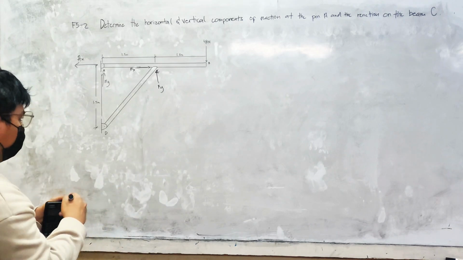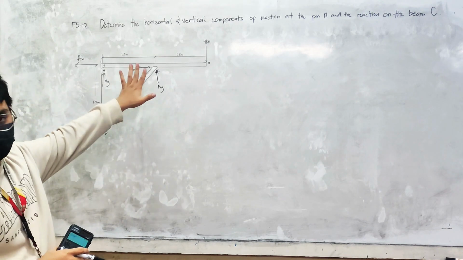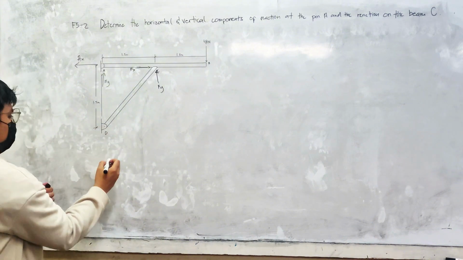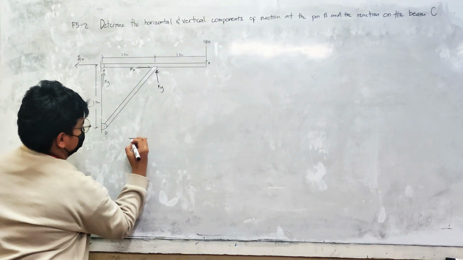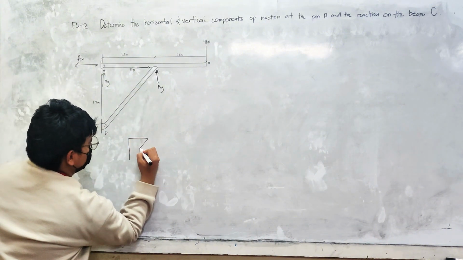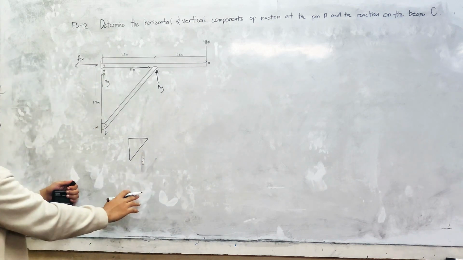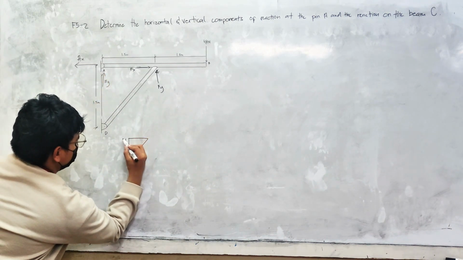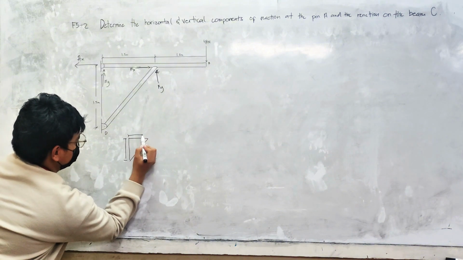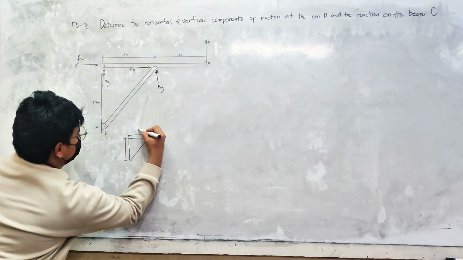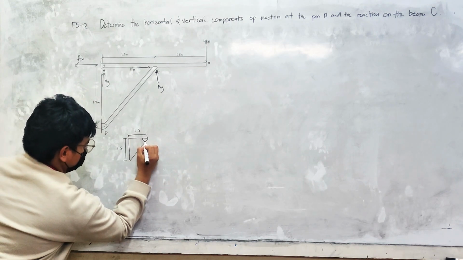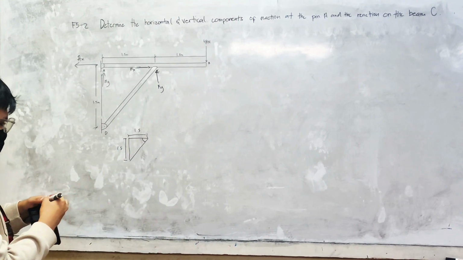So first, we need to find our angle. So how do we find our angle? So we draw a triangle here. Since this has distance in here also, which is 1.5 and 1.5, we're going to put here our angle.